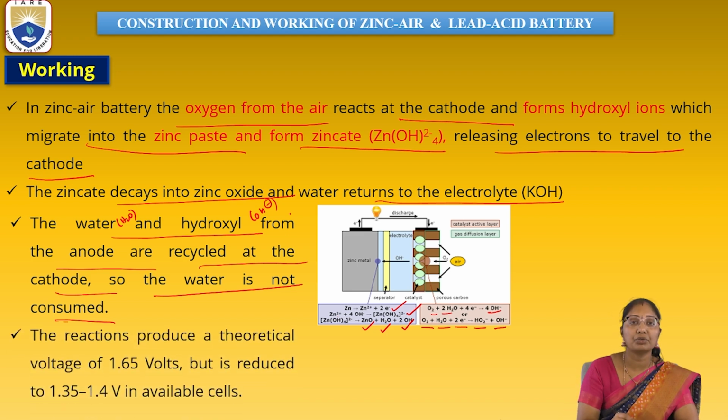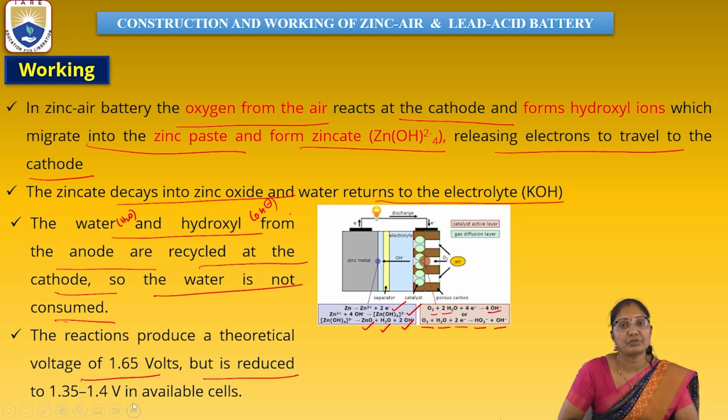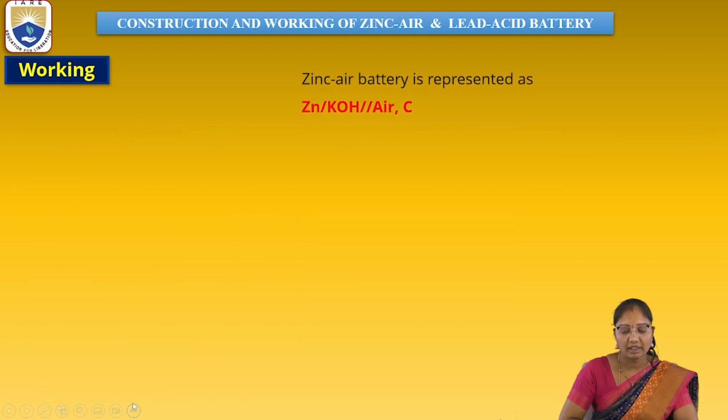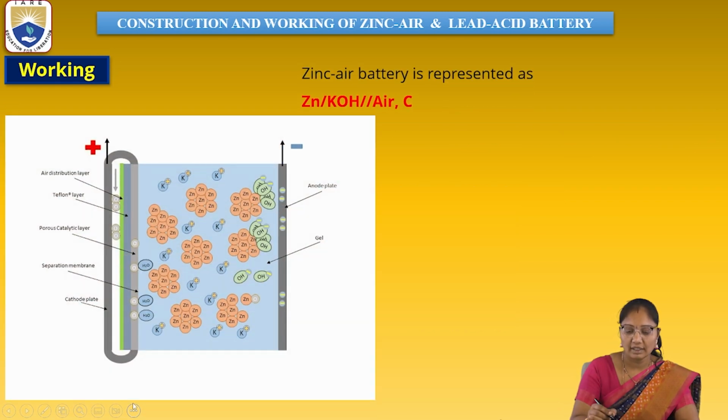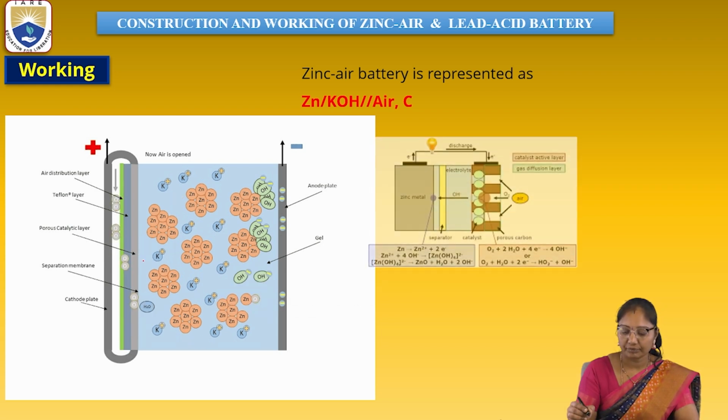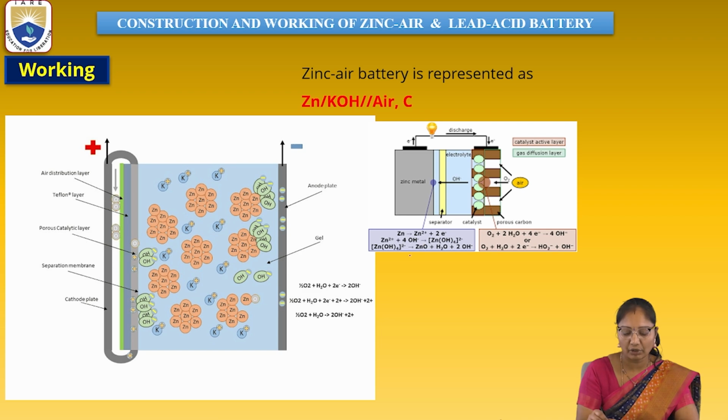So the reaction produces a theoretical voltage of 1.65 volts, which is reduced to 1.35 to 1.4 volts in available cells. Here in the working, we can see the oxygen molecules are going to react. Here this is the overall reaction.